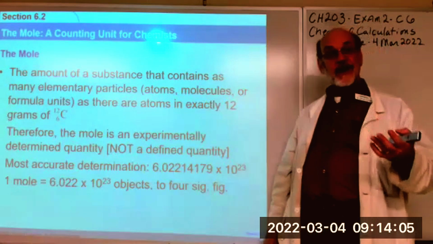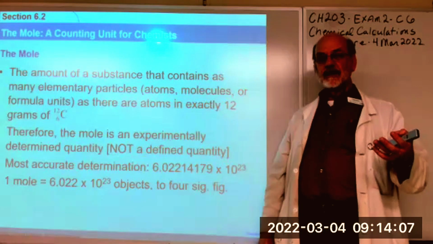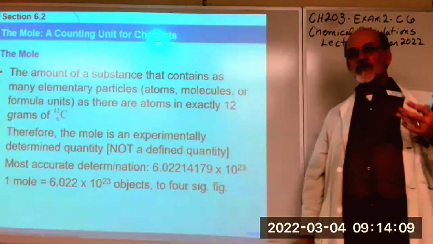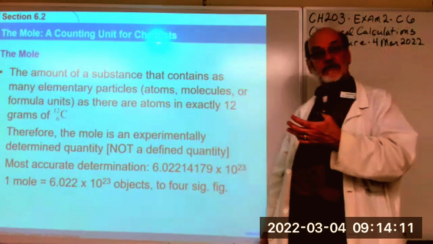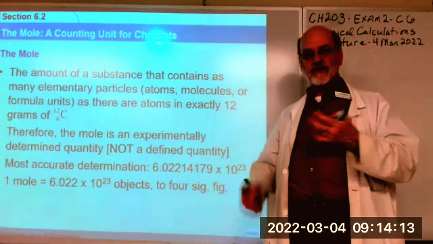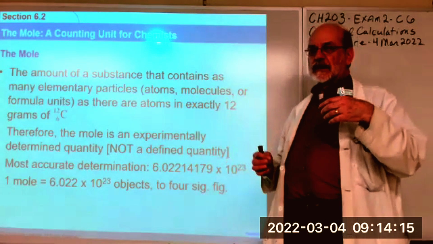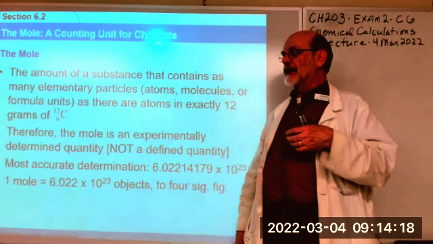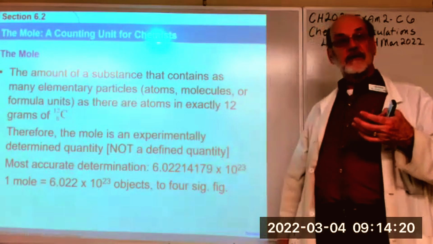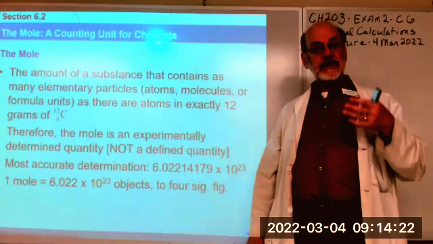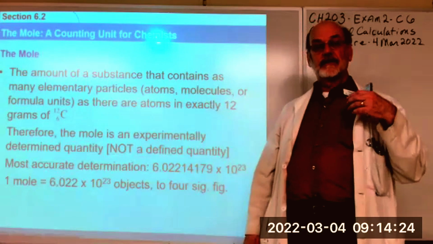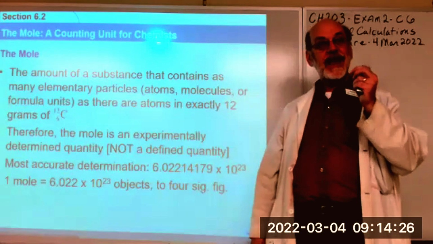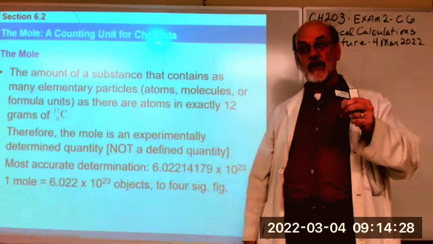Our balances weigh in grams, typically. So if you know you have a pure element, purified from nature, so it'll have a mix of isotopes, and it's oxygen, then if you have 16.00 grams of oxygen atoms, you will have 1 mole of atoms.